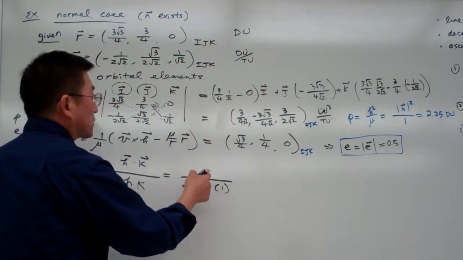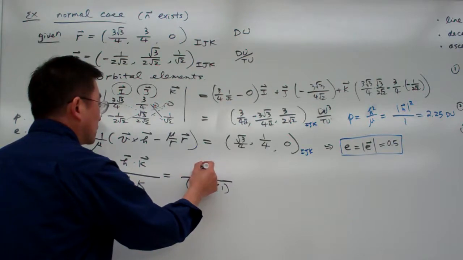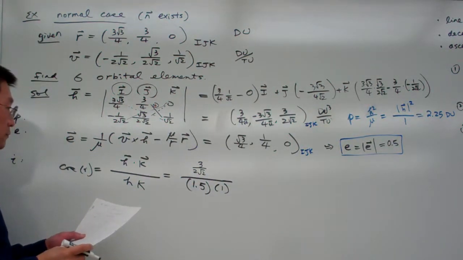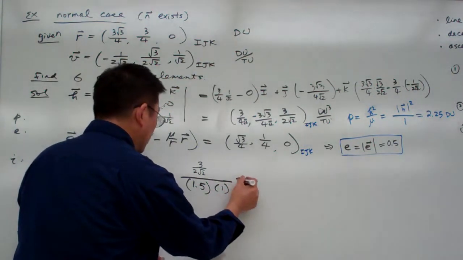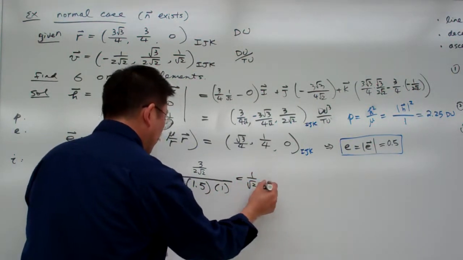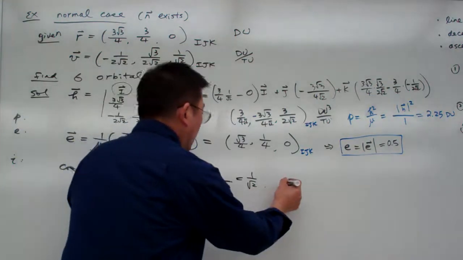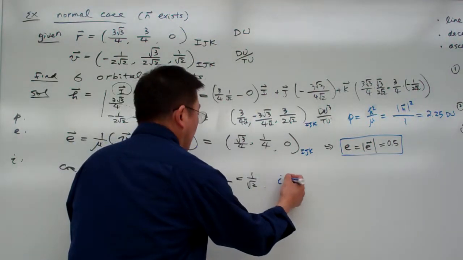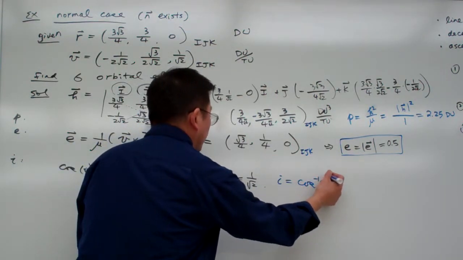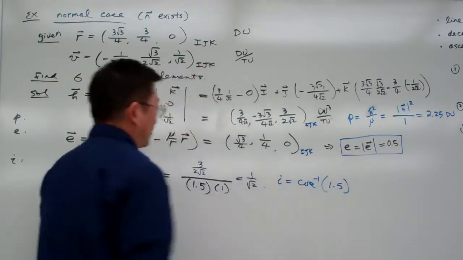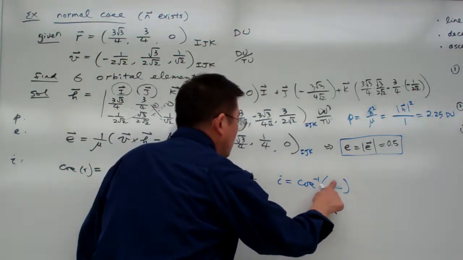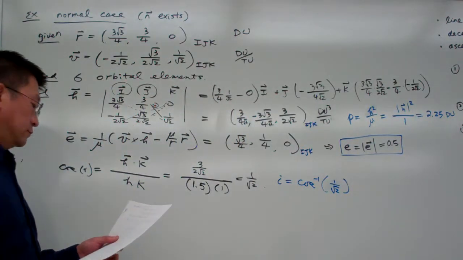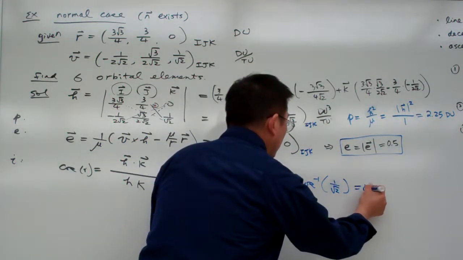And h dot k simply is the third component, square root 2 over 2. So i will be equal to arccosine of 1 over square root 2, not 1.5. So this one is 45 degrees.